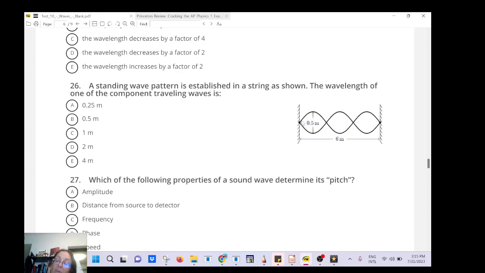But this is 1/4, so it's 1/2. So you have 1/2, 2/2, 3/2, right? So 6 divided by 3 is 2. So half of a wavelength is 2 meters. So this is 2 meters, 2 meters, 2 meters. So 2 meters times 2 is going to be 4 meters. So one wavelength, one cycle, is 4 meters long.